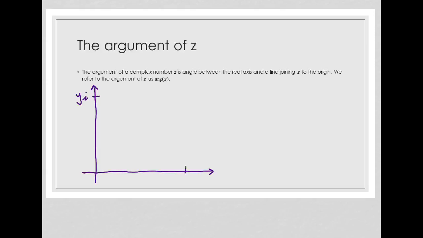And let's say that z is here somewhere, with the real part on the x-axis and the imaginary part on the y-axis. Right? And by now you know that the distance here is represented by r, which is the modulus of z, indicated by the absolute value.